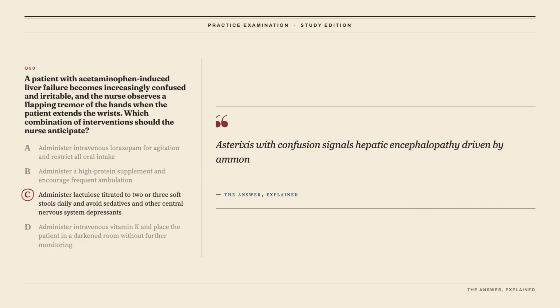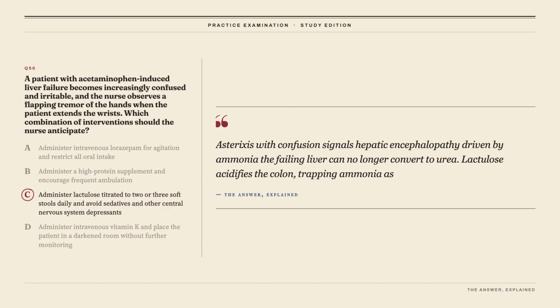Lactulose acidifies the colon, trapping ammonia as ammonium for excretion, and produces catharsis that clears ammonia-generating gut contents, with 2 to 3 soft stools daily as the therapeutic target. Sedatives and opioids must be avoided because they deepen encephalopathy and mask the neurologic deterioration the nurse is watching for.